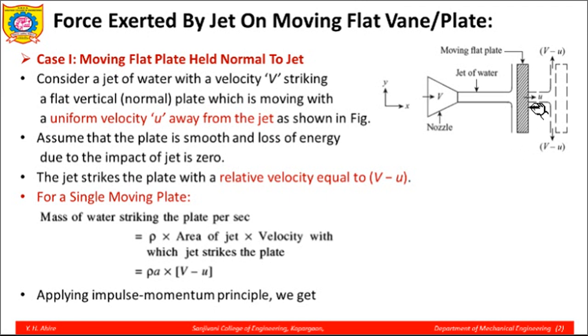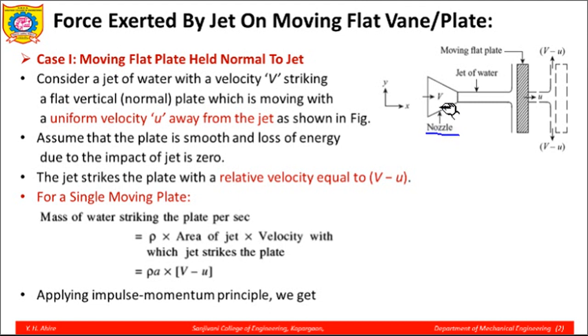This vane has some initial velocity in the x direction, and that is small u. It is represented by small u, and the nozzle is always fixed.